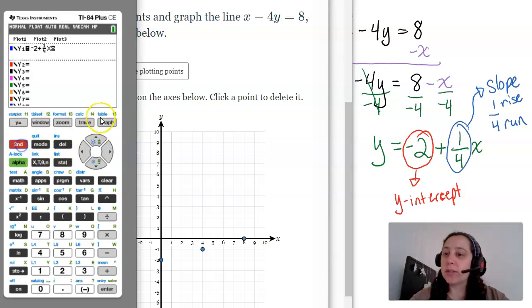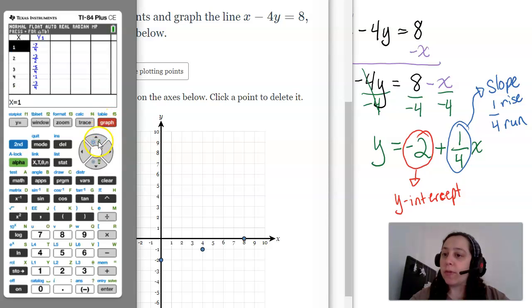Now let me press second graph. So if I look at 0, I have the point negative 2. If I look at 4, I have the point 4, negative 1, which is exactly what I plotted. And let's get another one, 8, 0, which is what I have here.